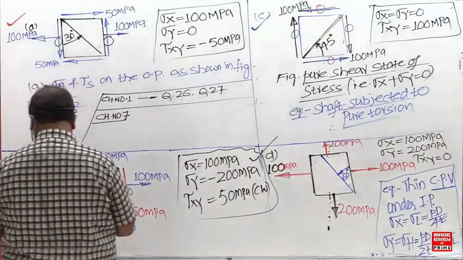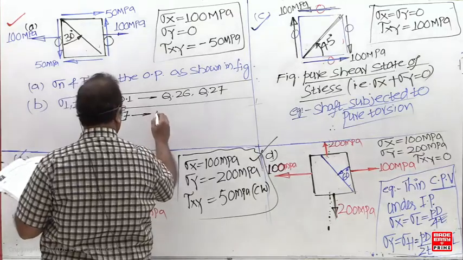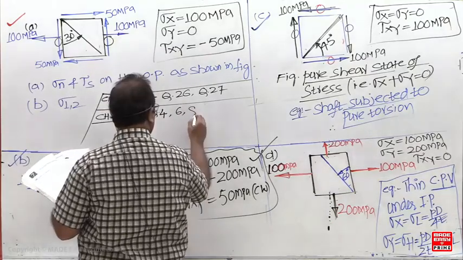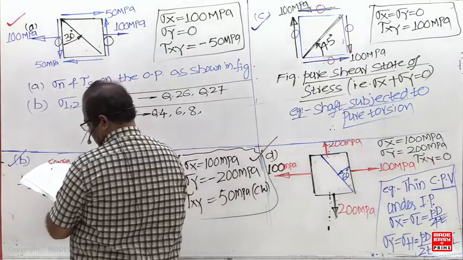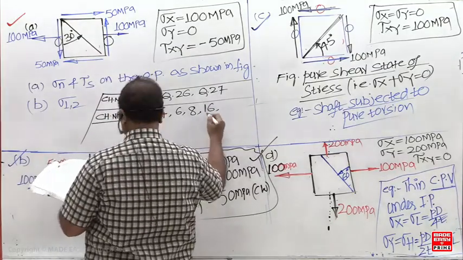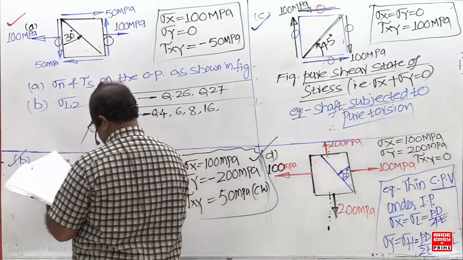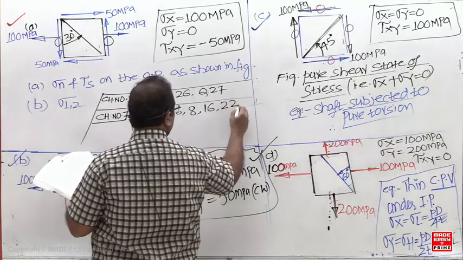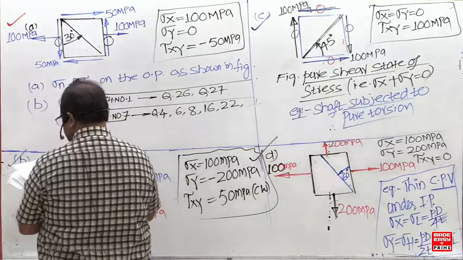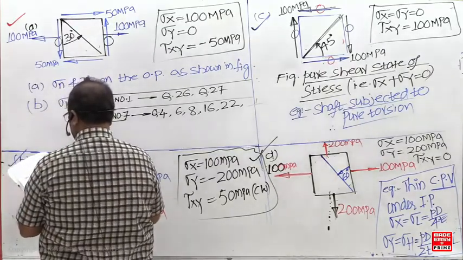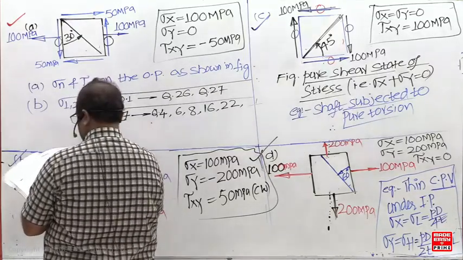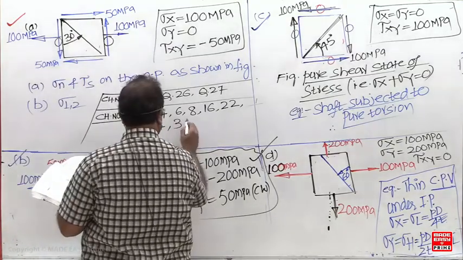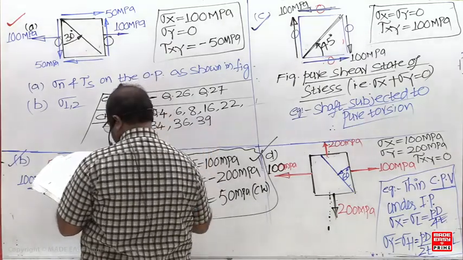Chapter number 7. Question numbers 5, 4, 6, 8, 16, 22, 27 (already completed yesterday), 34, 36, 39.